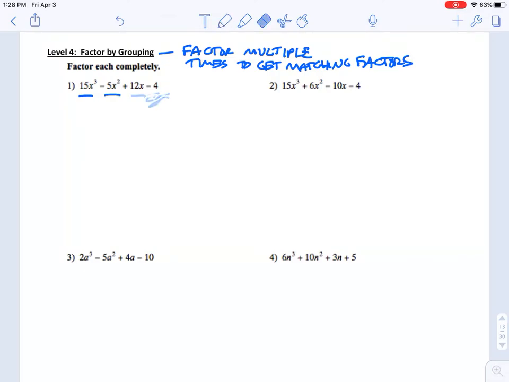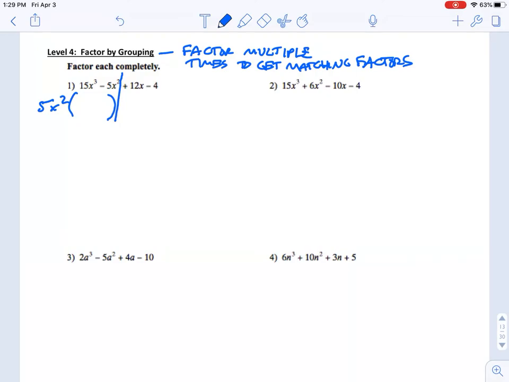So then what you do is look at maybe half of it. Looking at the first half only, between 15 and 5, I know that 5 goes into both of those. And then if I have x cubed and x squared, I know x squared also goes into both. So then that comes out as a GCF.